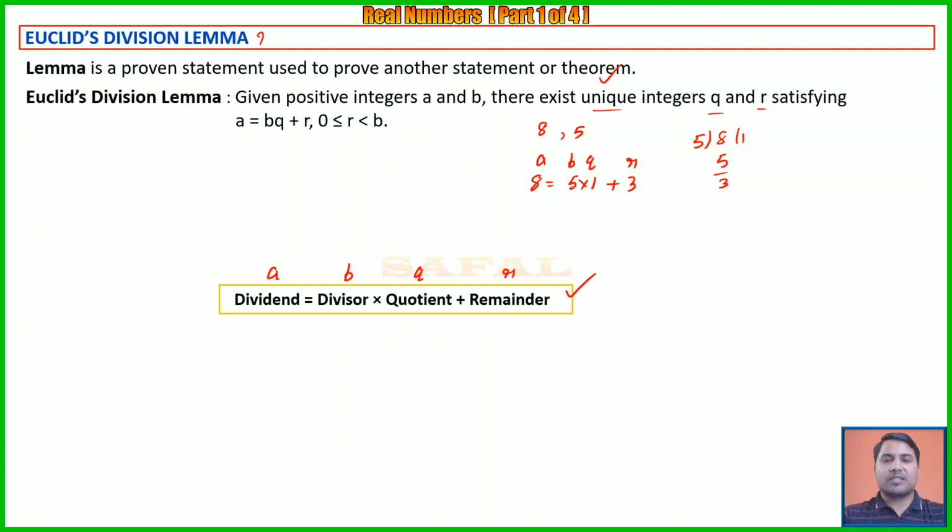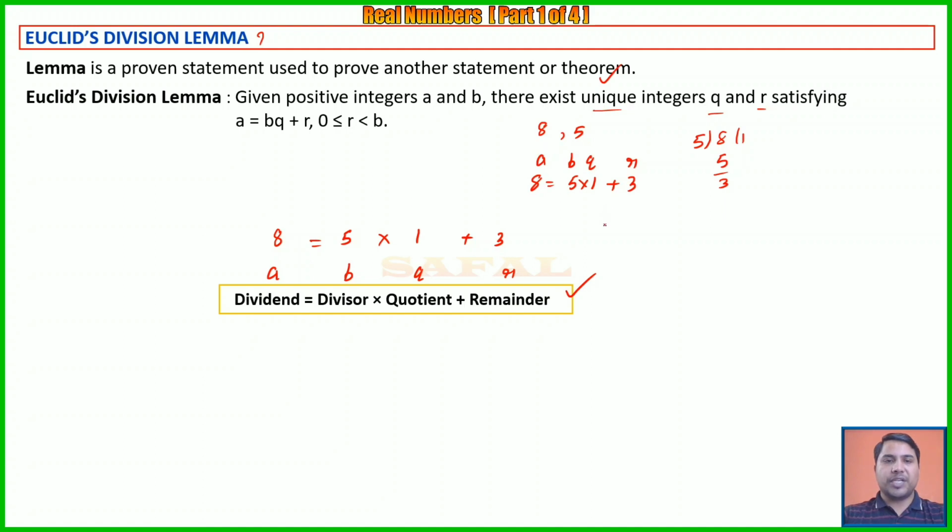In this example, 8 was a, 5 was b, the quotient is 1, and the remainder is 3. You can see that 5 into 1 plus 3 is basically 8. So this simple rule is basically Euclid division lemma.